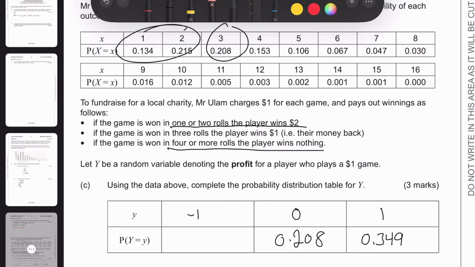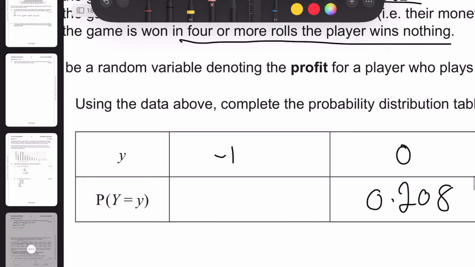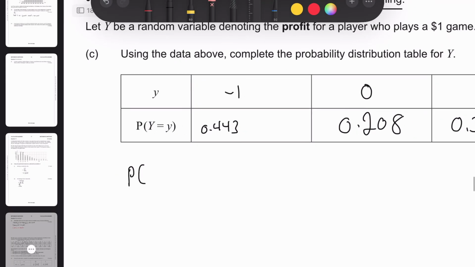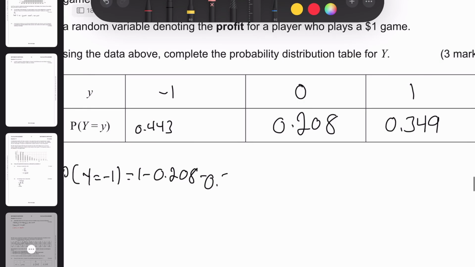And then the negative one is just going to be minus all of those. So 1 minus 0.208 minus 0.349, which is 0.443. Alright, maybe we can write here Y equals negative 1 is equal to 1 minus 0.208 minus 0.349.